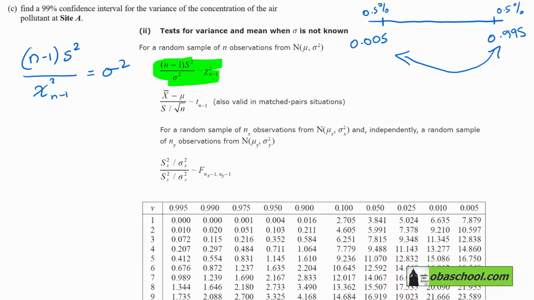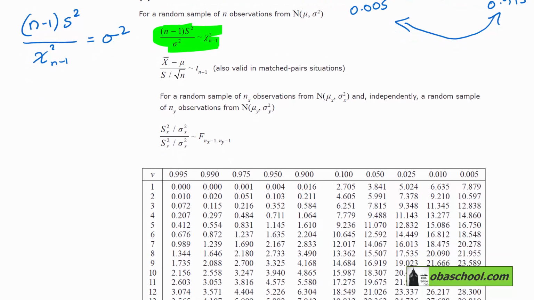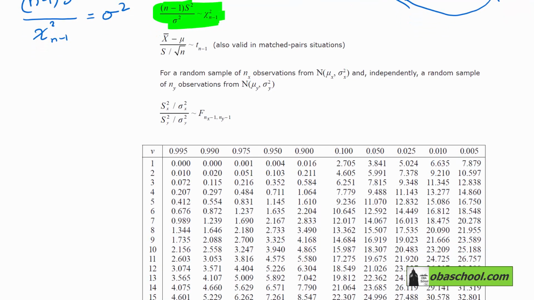So we're going to need two chi-squared values, one from either end. And remember, chi-squared n minus 1, we know there were 13 readings. So 0.995 and n equals 12 is this value here. And then the other value is going to be the 0.005, which is the 28.3 at the other end.